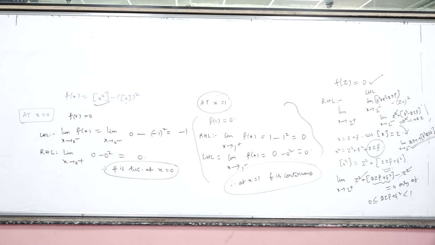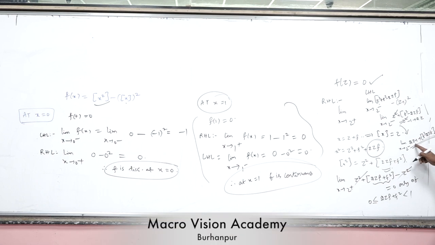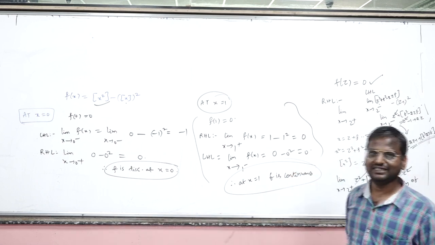So clearly when z equal to 0, this will be 0, that is why it was right continuous. For z equal to 0, this is going to be minus 1, okay, so that is why it was discontinuous.